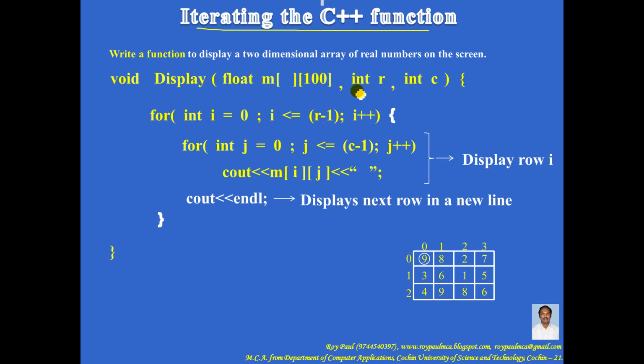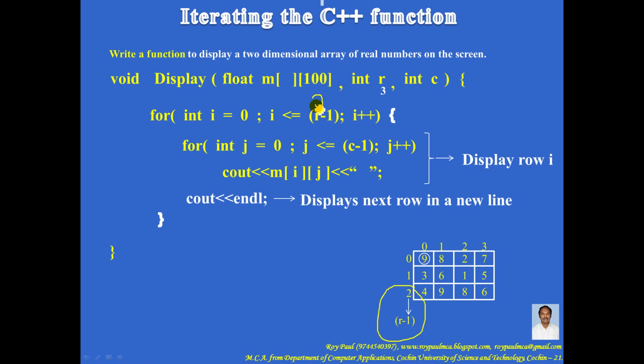Iterating the C++ function. One example is taken. This is the example. So here 3 rows are there, 1, 2 and 3. So here number of rows is equal to 3. So your r minus 1 is 2. Upper bound of the row is 2. So this is 2, r minus 1, 3 minus 1. You can see the upper bound of the row is r minus 1.